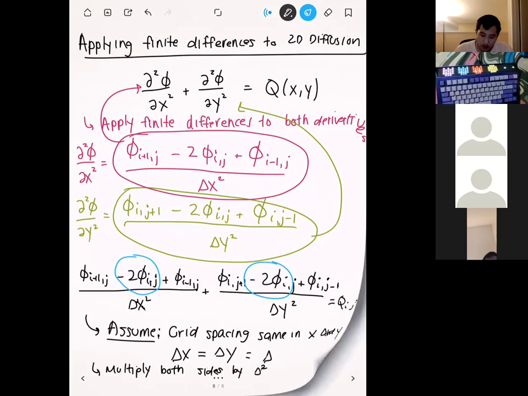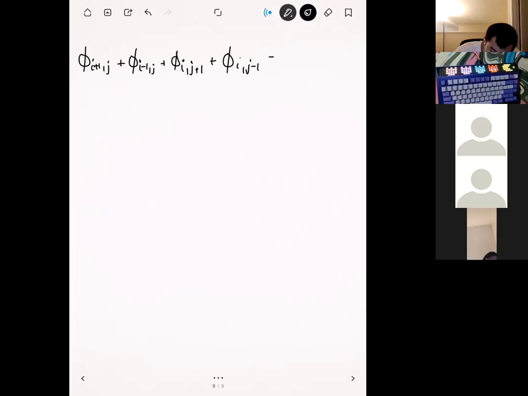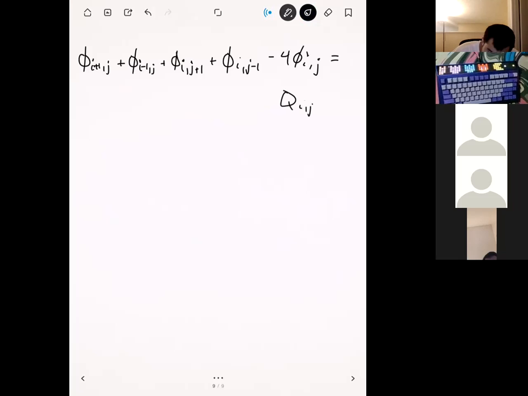All right, and so if we perform those steps, so we multiply both sides by delta squared, we end up with the following equation. So we're going to have phi i plus 1 comma j plus phi i minus 1 comma j plus phi i j plus 1 plus phi i j minus 1 minus 4 phi i comma j is equal to q at i comma j times delta squared.